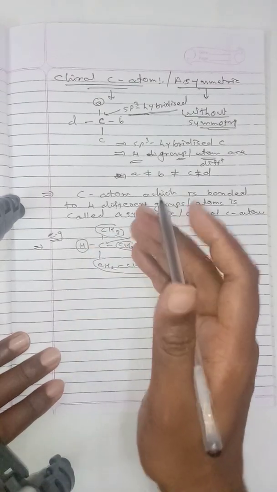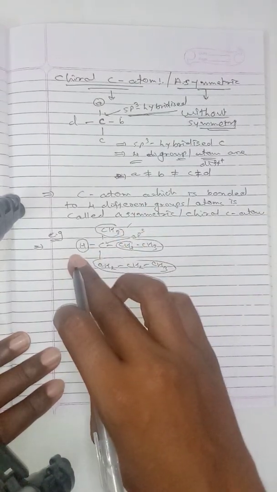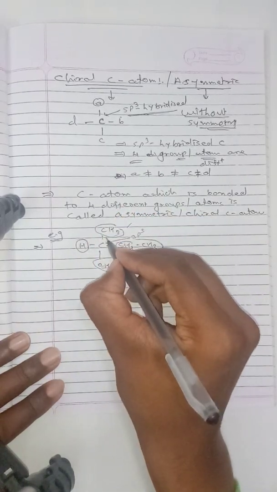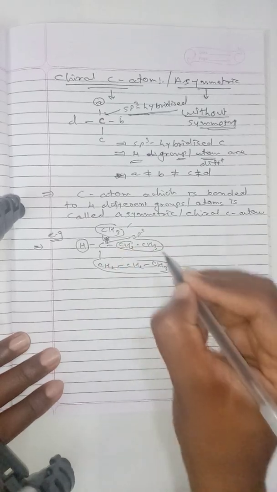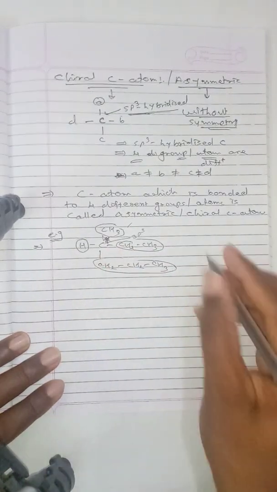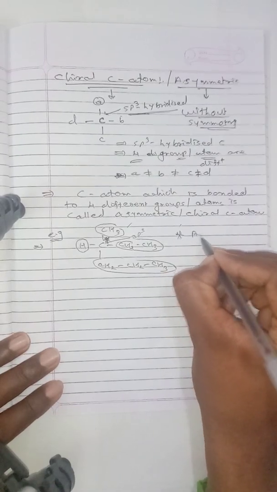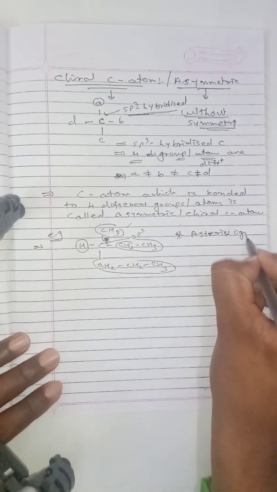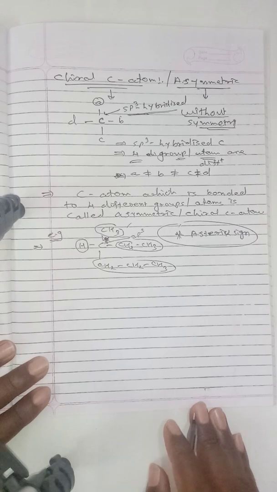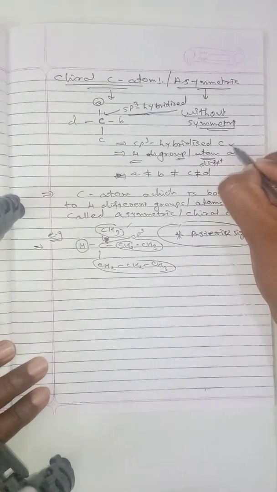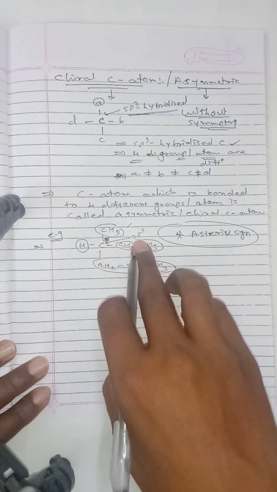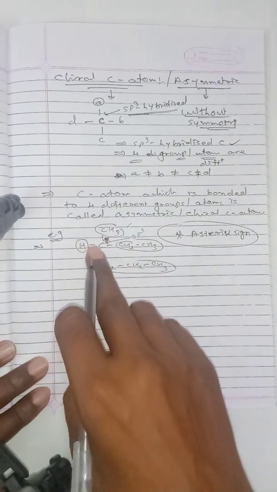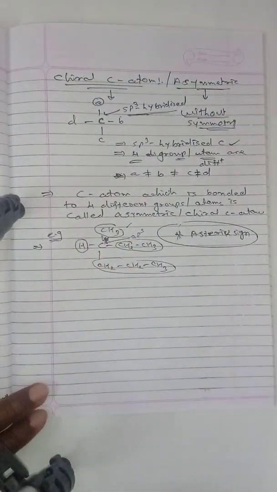So these are three groups and one atom, all different, attached to this carbon. So it is said to be a chiral carbon, and it is indicated by an asterisk sign. Two conditions are fulfilled: it is an sp3 hybridized carbon, and the four groups or atoms are different.